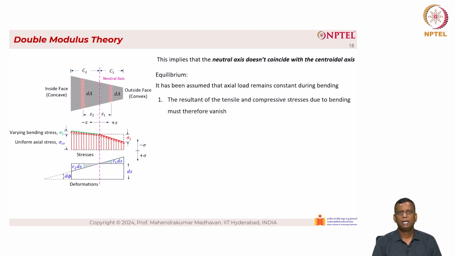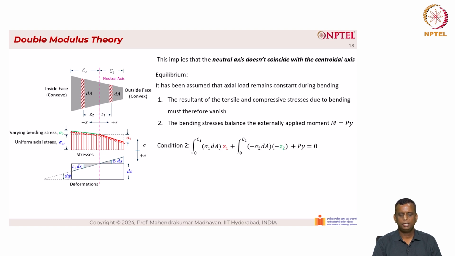Now, the second equilibrium condition is that the bending stresses balance the externally applied moment M equal to Py. So, condition 2 gives integral 0 to c1 sigma 1 into dA, which is the force multiplied by the lever arm z1, plus integral 0 to c2 minus sigma 2 into dA, which is the force in the concave side multiplied by minus z2, plus Py, which is the externally applied moment, should be equal to 0.